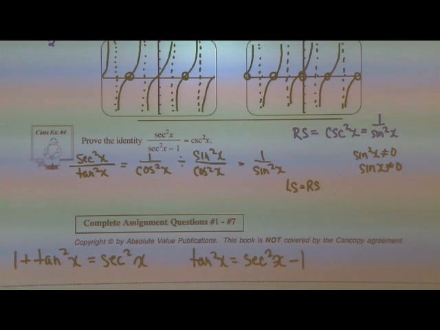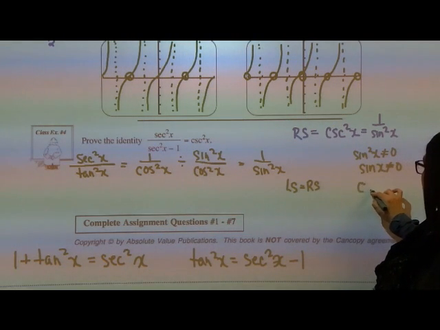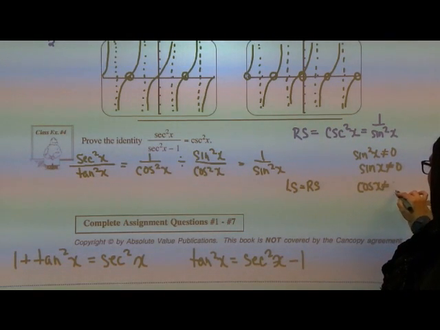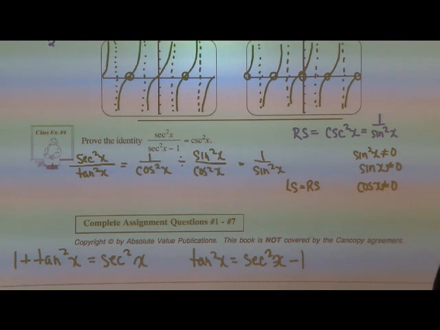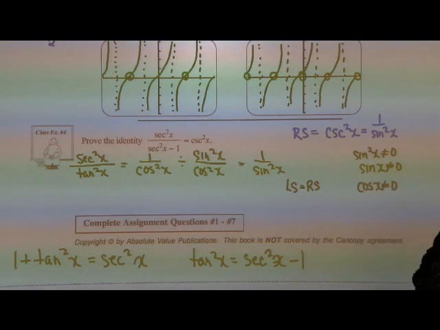We're not going to go through what the x values themselves can equal. We're just going to see if we can identify which trig values they couldn't equal. So we have sine x. What else can't equal 0? Cos, because I have cos right here as a denominator. So cos x can't equal 0. Tan x can't equal 0, which again goes back into the sine or cos, so we've taken care of that.